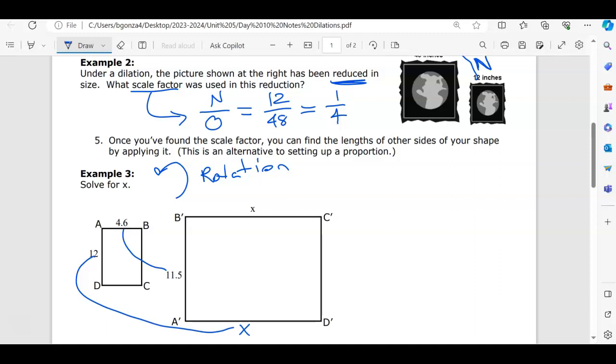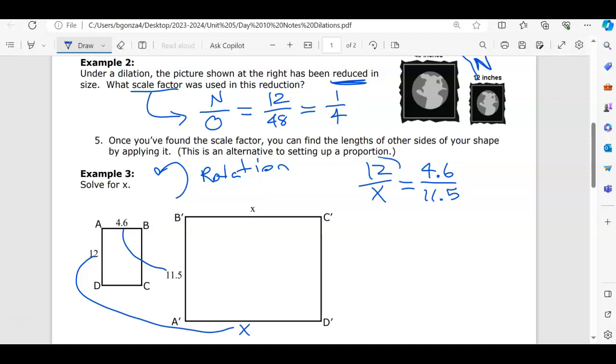Hopefully. So 12 goes to X. We're going to have 12 over X equals, and then in the same order, 4.6 goes to 11.5. That's going to be our second fraction. This should look very familiar from our first couple of assignments. And then we're going to cross multiply and divide.